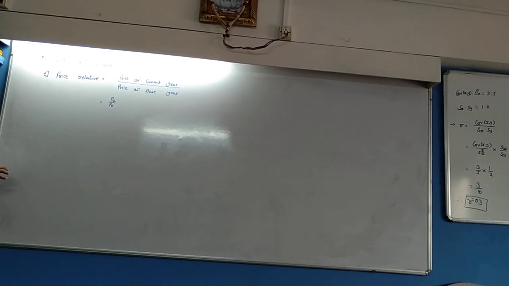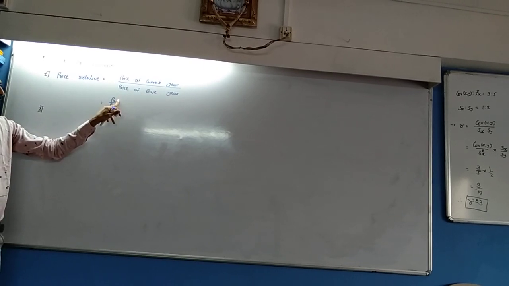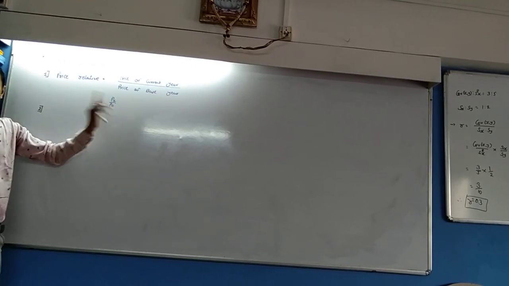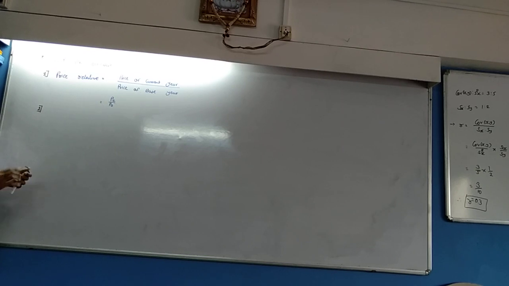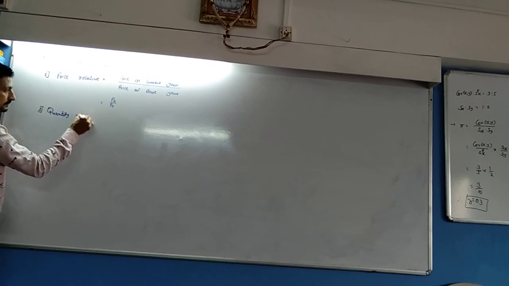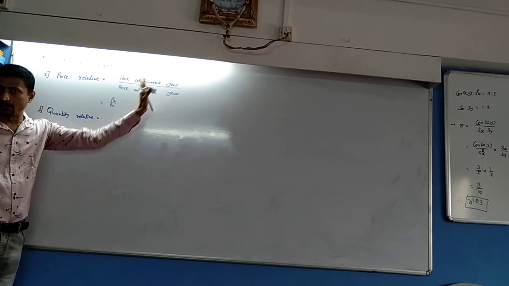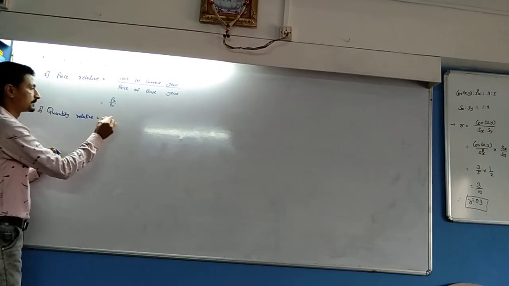Number 2, second formula. Price is denoted by P, current year by 1 and base year by 0, so P1 by P0. Second, quantity relative: quantity of the current year divided by quantity of the base year.